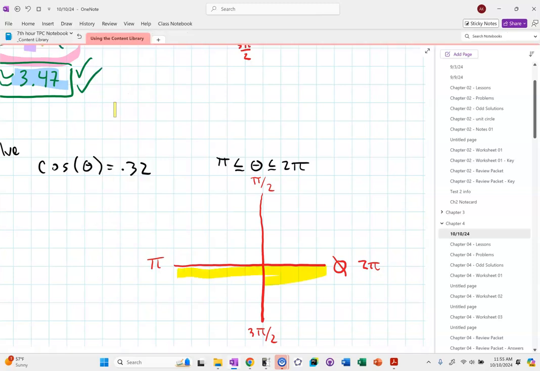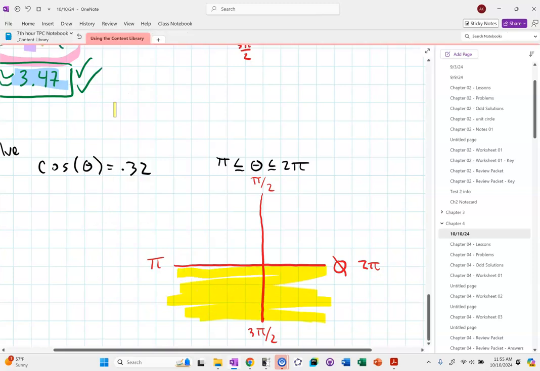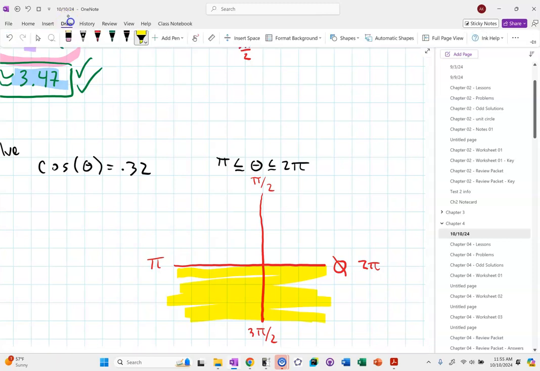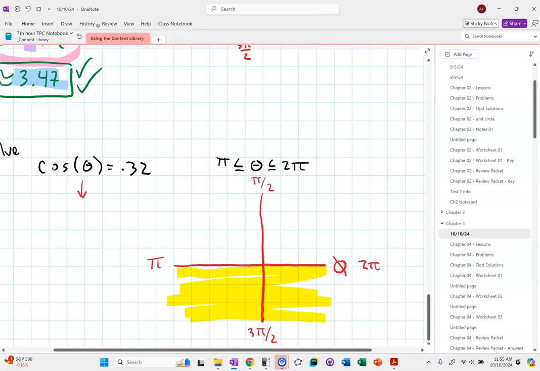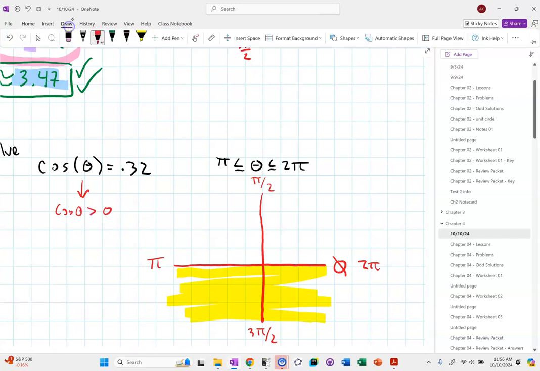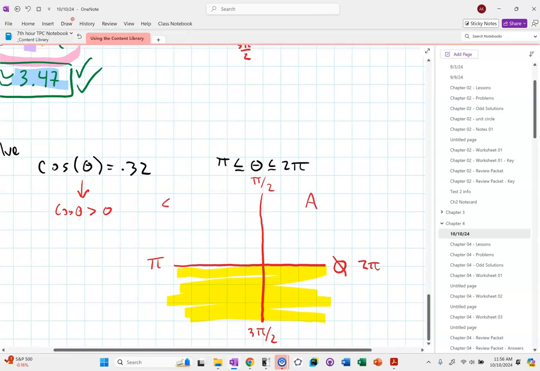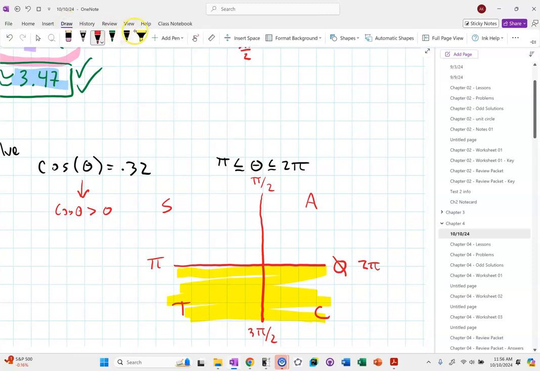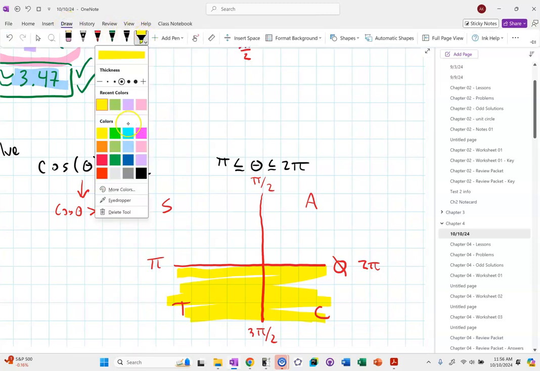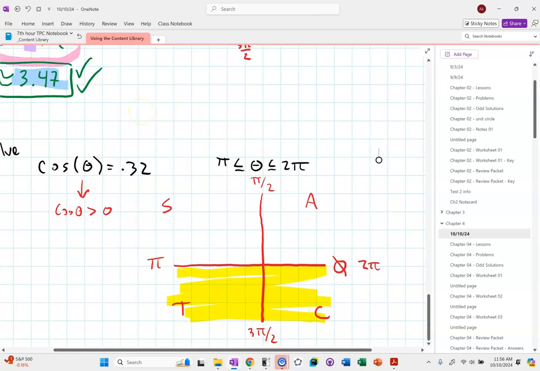So between pi and 2 pi is quadrants 3 and 4. So far, so good. I'm going to now narrow that down by observing that cosine theta is positive. So if I do my All Silly Turtles Crawl, which two quadrants am I looking at for cosine being positive?